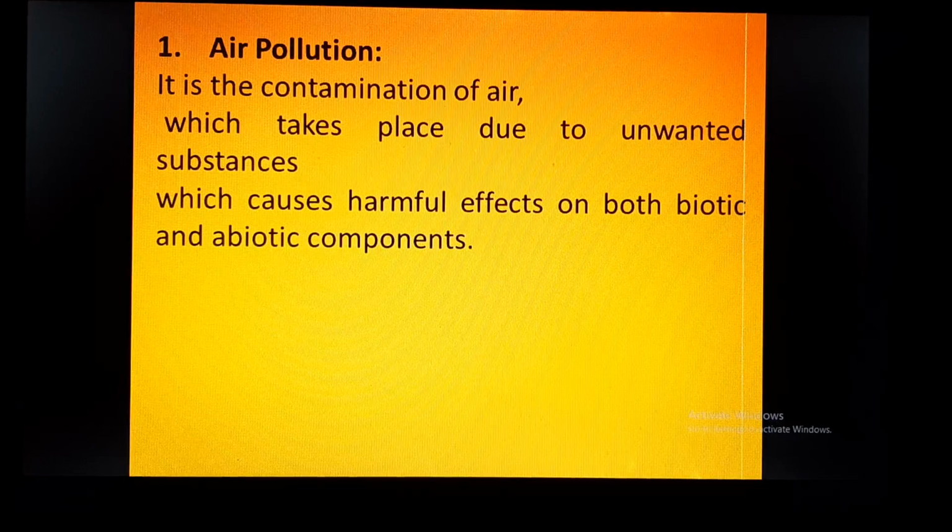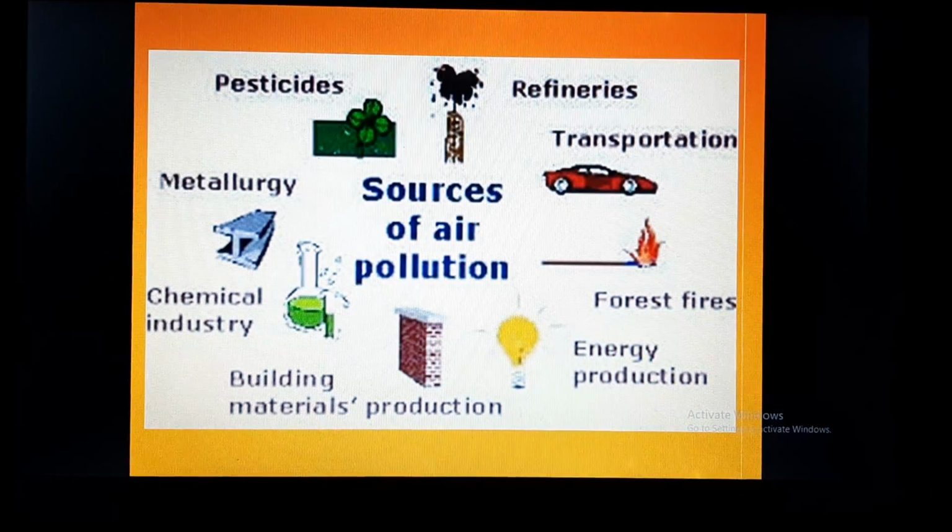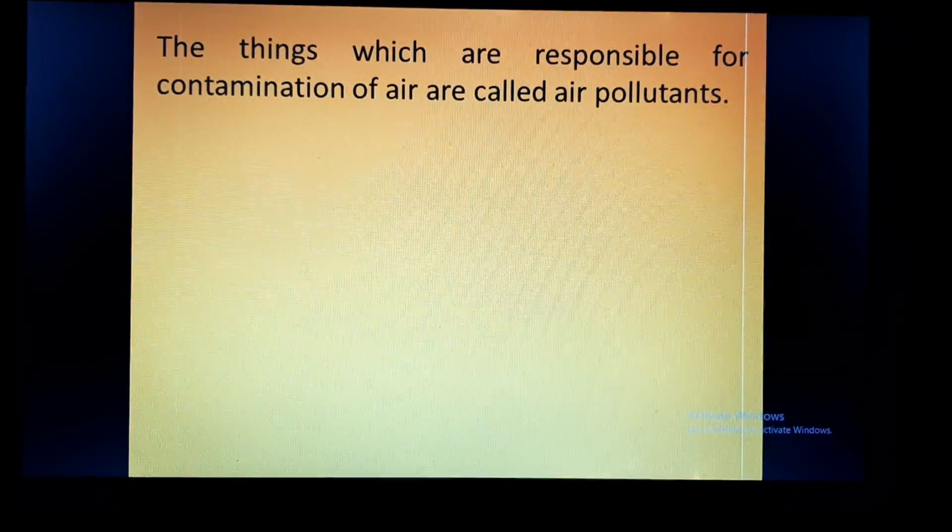So from our previous learning we know biotic components are living organisms in the atmosphere and abiotic components are components which are non-living but essential for life. For example, air, water, soil, etc. So, sources of air pollution are pesticide spray, metallurgy, chemical industry, building materials production, refineries, transportation, forest fires, and energy production.